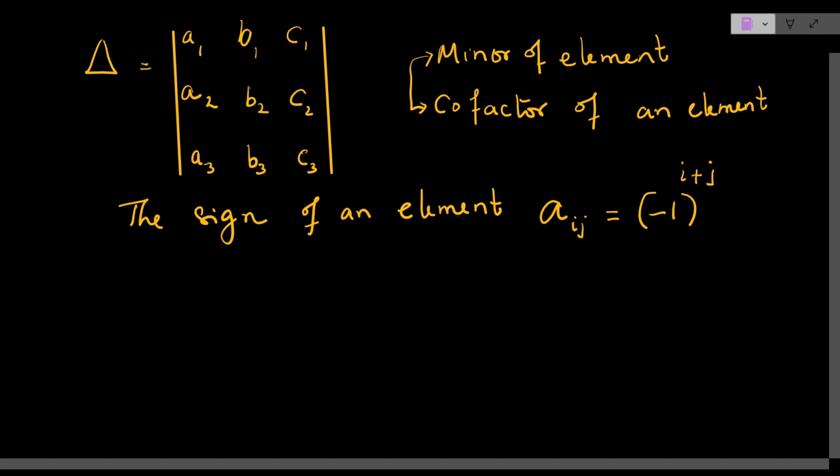Now, let us know the difference between minor and cofactor of an element by taking an example. I am going to tell the places also here. The first one is A1, A2, A3.